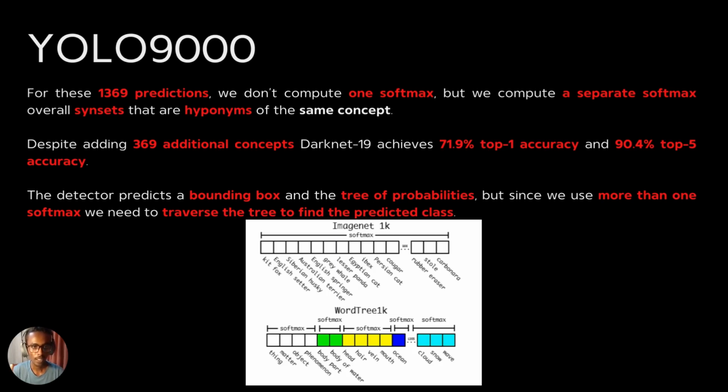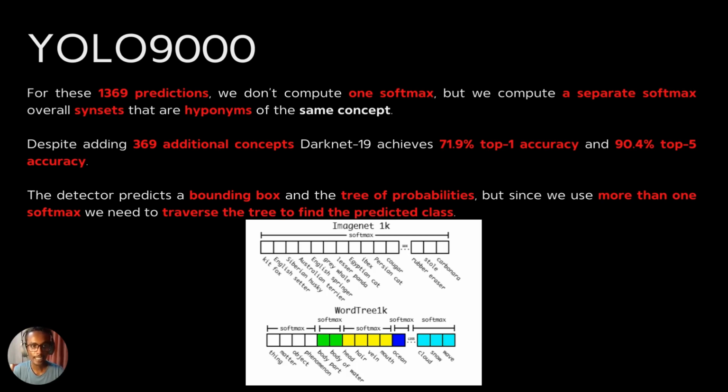For example, if you have a dog, then a more specific word for a dog might be a German Shepherd, because that's one breed of dog. That's a hyponym. And we use a separate softmax for each of the synsets that are hyponyms of the same concept. So for dog, we use a separate softmax for every word that is under the umbrella of dog.